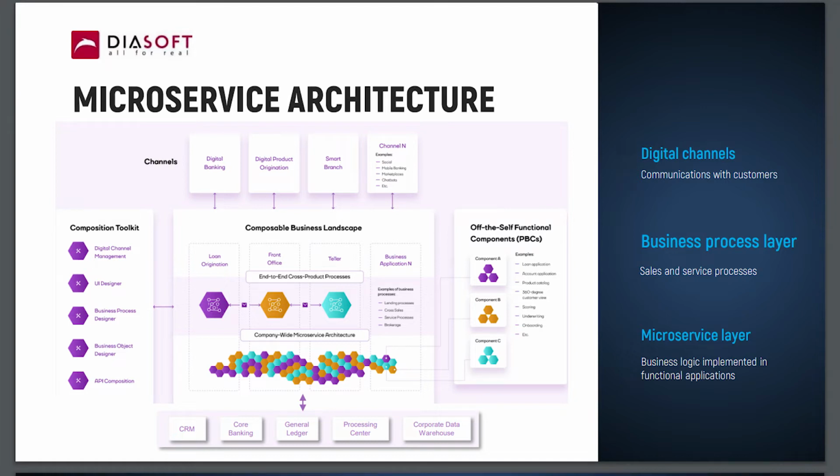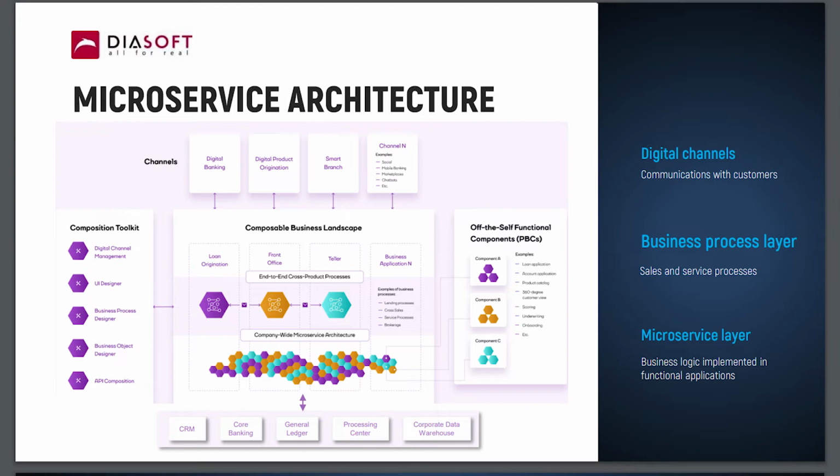The layer of cross-product processes is omnichannel, which means that access to the business logic is possible from any channel which interacts with the omnichannel layer of business processes. The platform supports all popular channels. It includes the online banking, branch banking, marketplaces, or a partner network, and any other channel.